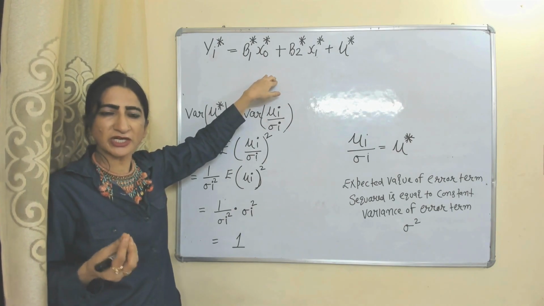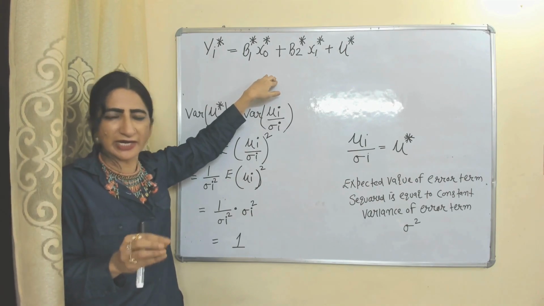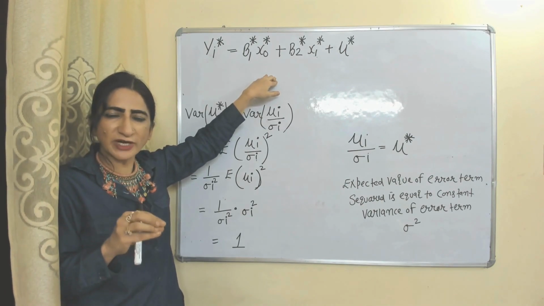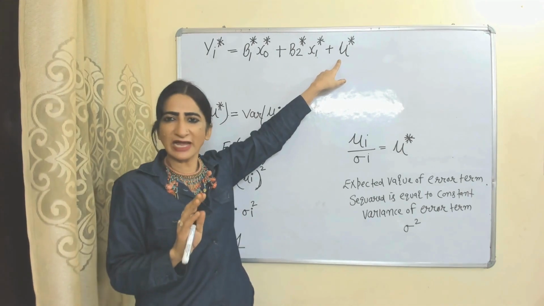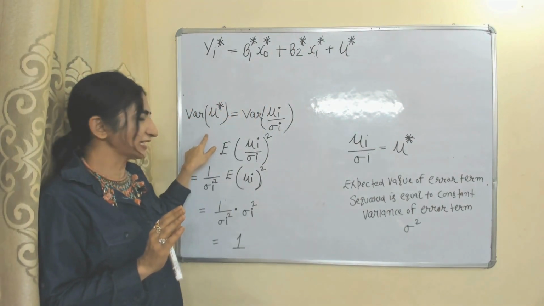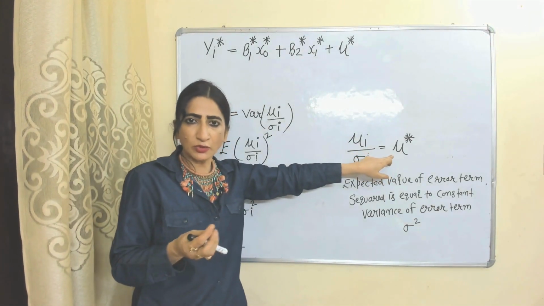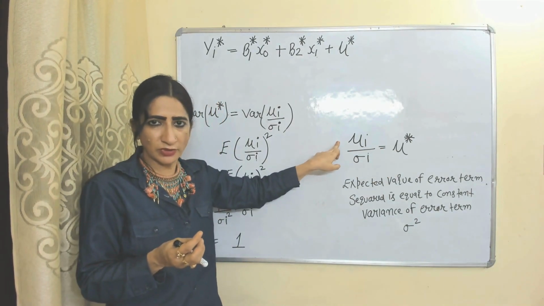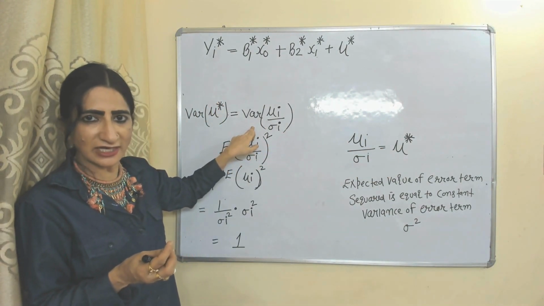From this equation, we will make the variance of the error term constant. That means from this equation, we will create homoscedasticity. This is our error term, so here we will take the variance of the error term. As we know, mu star equals mu i over sigma i. Here we take the original condition.